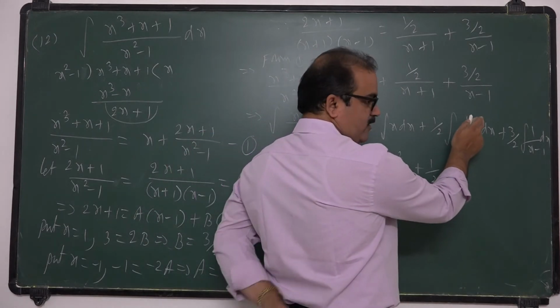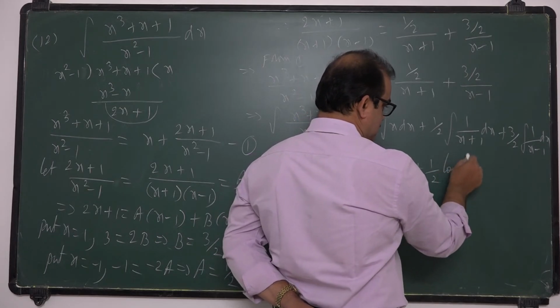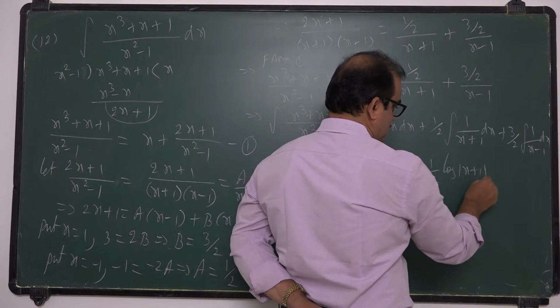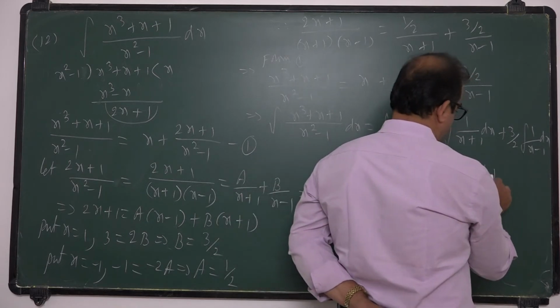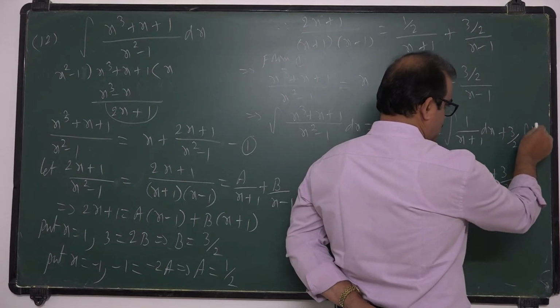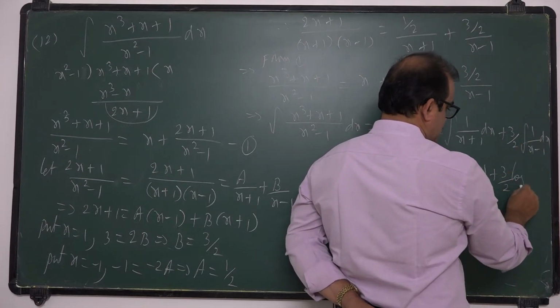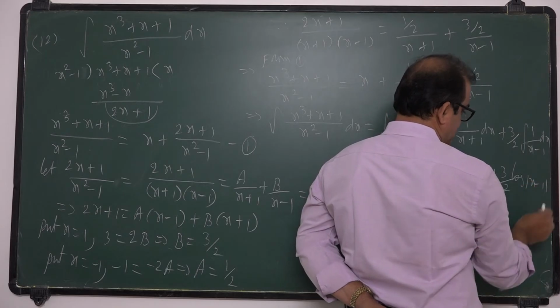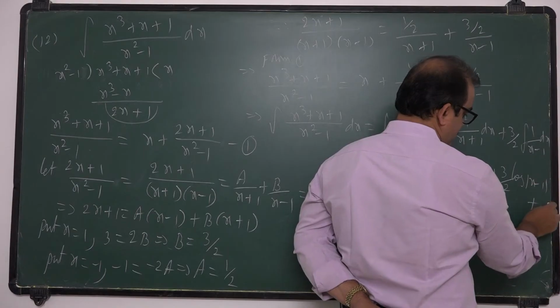It is in the form of integral 1 by x dx, that is log mod x. Here x is x plus 1 by the derivative of x plus 1, that is 1. It is also in the form of integral 1 by x dx, that is log mod x minus 1 by the derivative of x minus 1, that is 1, plus C.